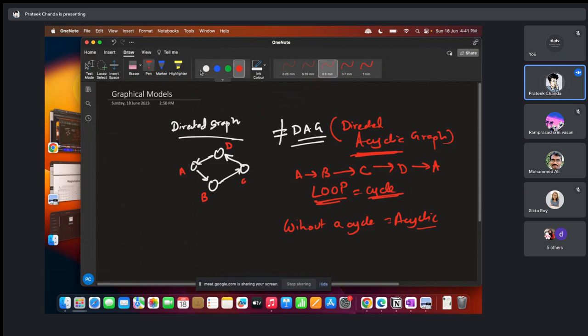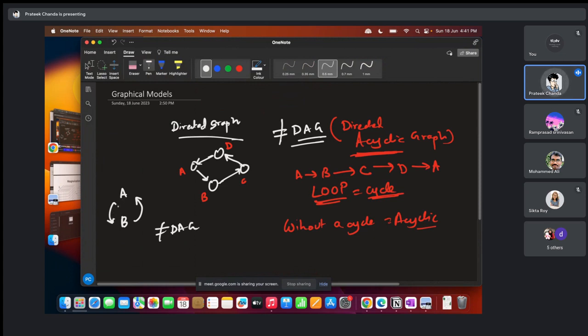Let's say I have a simple example of a DAG, with an edge like this.